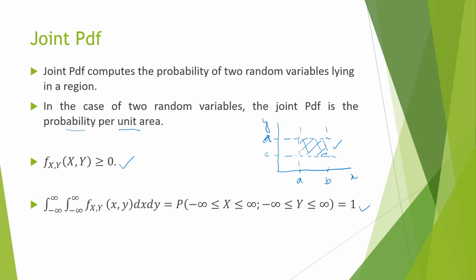Like in the case of a single random variable, where the area under the PDF is 1, here also the double integral of fxy(x,y) dx dy, which is the probability of x lying between minus infinity and infinity and y lying between minus infinity and infinity, is equal to 1.